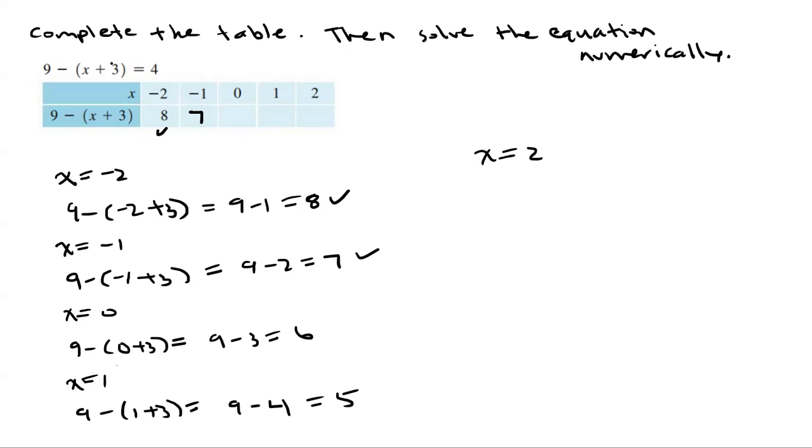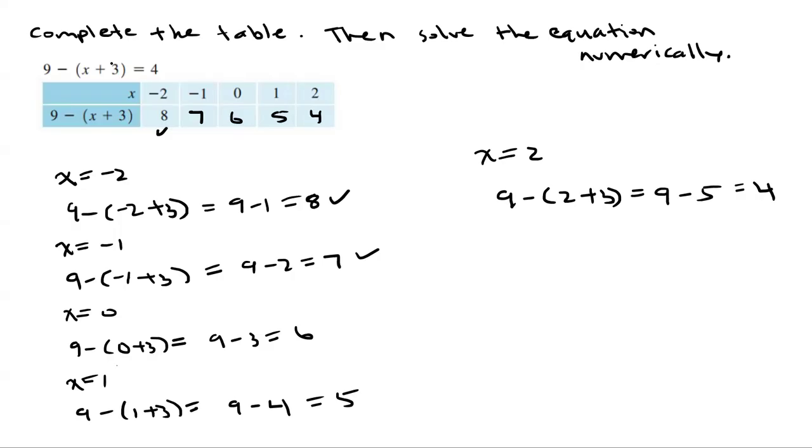So that's going to be 9 minus 2 plus 3. Okay, so that will give us 9 minus 5, which gives us 4. Okay, so we have 8, 7, 6, 5, 4. Okay, so we completed the table by doing it this way.